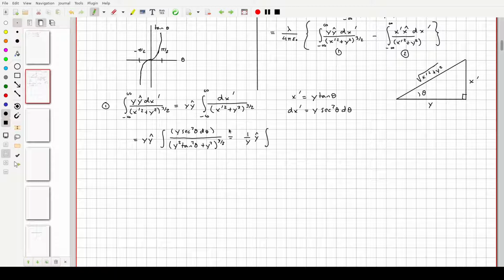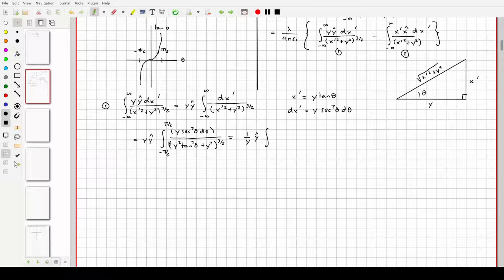So for tangent, if you want theta to produce a minus infinity, you plug in a minus pi over 2. And if you want theta to produce a plus infinity, you plug in a pi over 2.